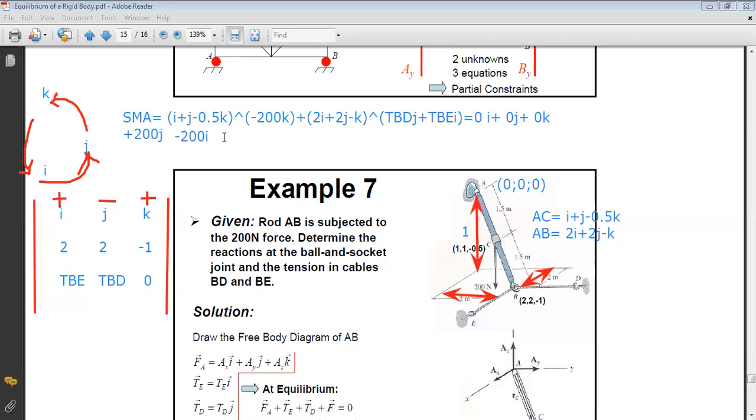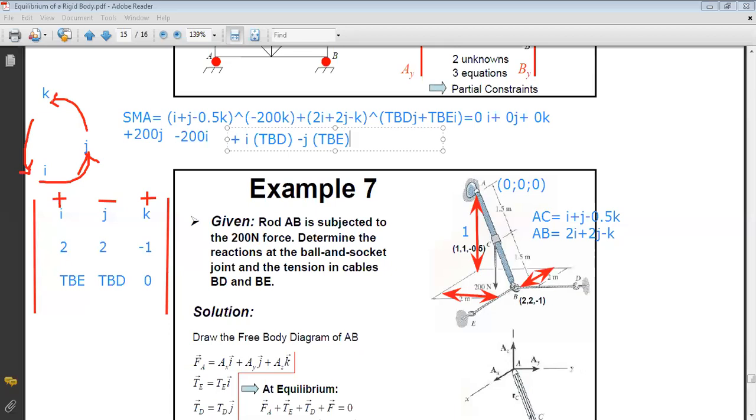We start the expansion. I have plus I. For the I term, I drop these two. I have 2 times 0, which is 0, minus TBD, so plus TBD. So along I we just have TBD. Now along J, I put minus J times 2 times 0, minus TBE, so plus TBE.